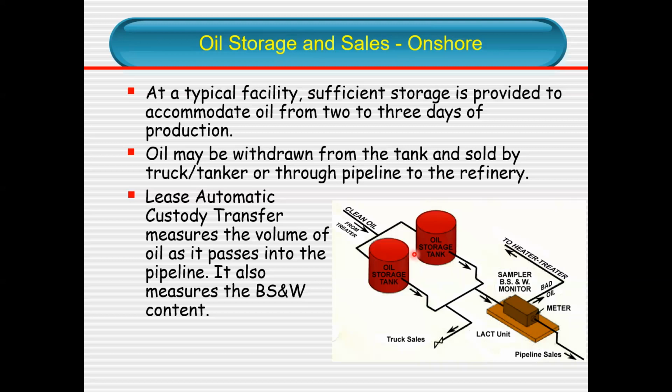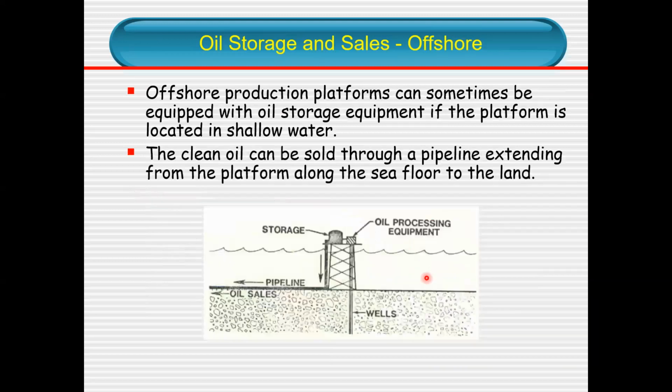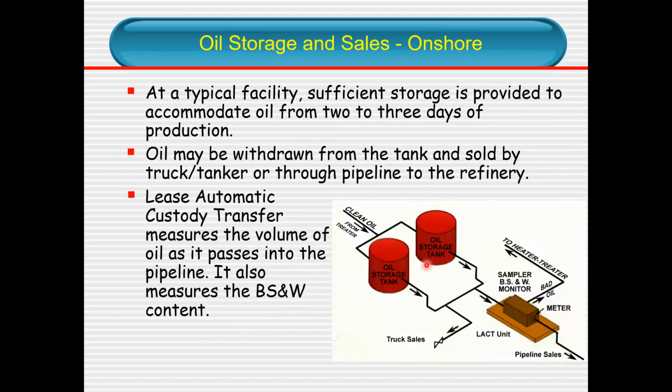It is very massive. It can contain a few 100,000 barrels, like 400,000 or 500,000 barrels per tank. You can store them in a storage tank, and finally to the sales point, because this is onshore.